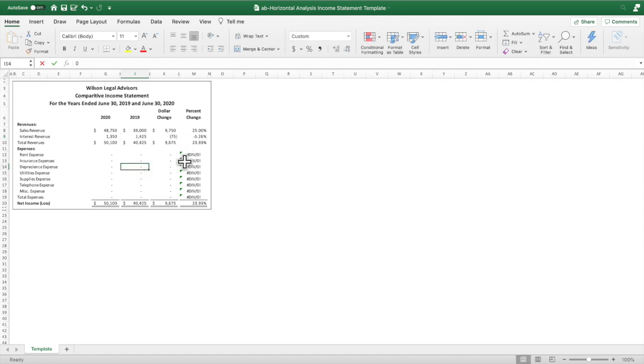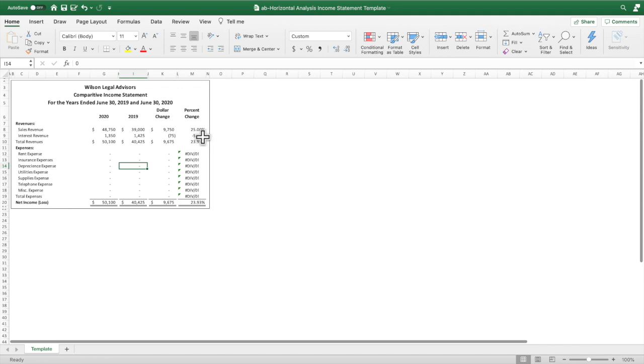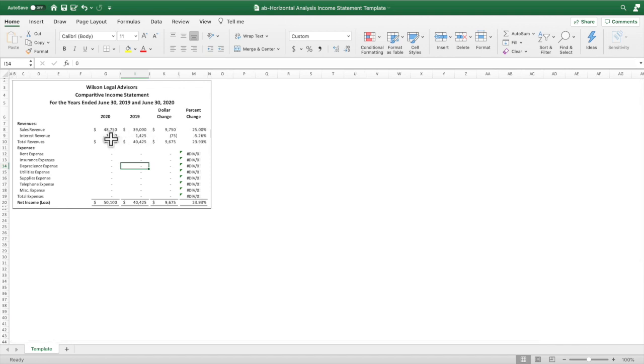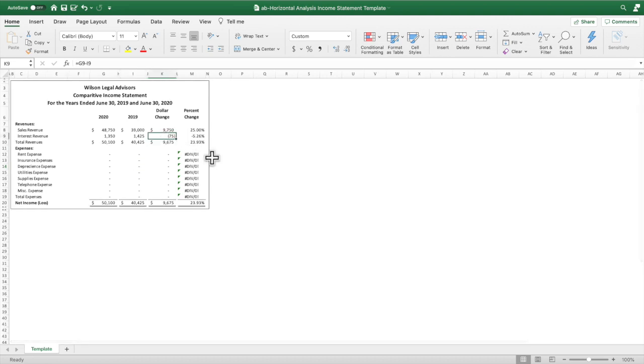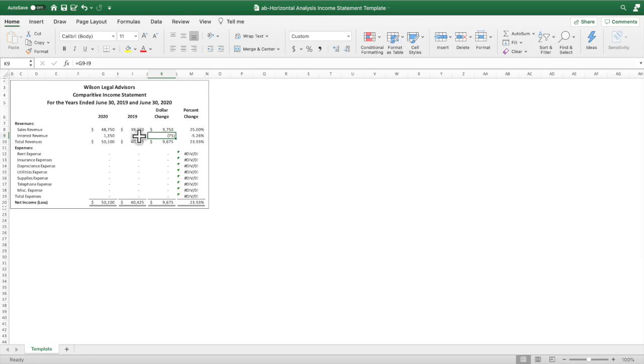Alright, so here we have a negative 5% change from 2019 to 2020. Our dollar change here is negative 75. Again, you're taking the most recent year, subtracting the previous year, and then you're going to get the percentage change by dividing the dollar change by 2019's data.